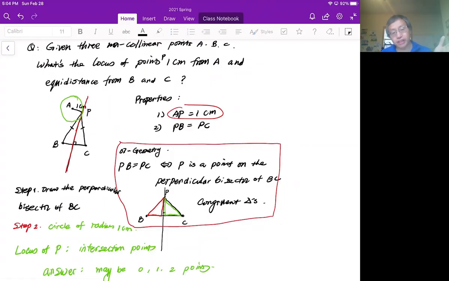The first condition basically says that P must be on the circle of radius 1 centimeter and center at A. The second condition means that P must be on the perpendicular bisector of BC, right? And then we want to intersect them. Sometimes there may be no intersection, depending on the position of A, B, and C.